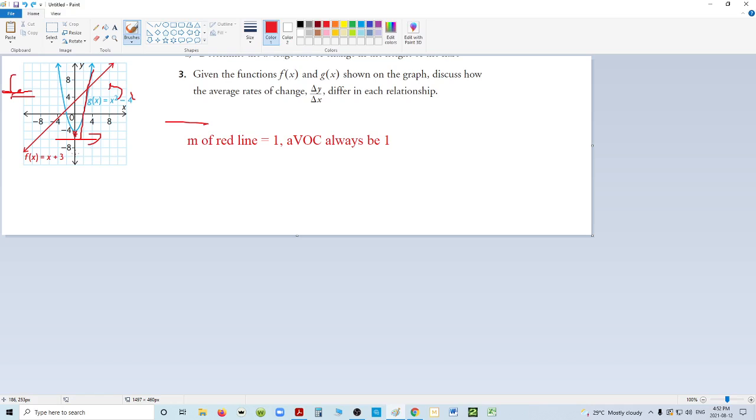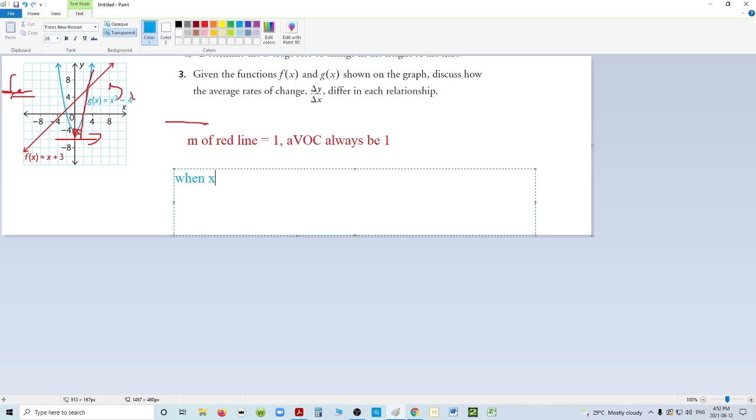So which means that this is point 0. When x is 0, this is how you would write it for the blue line. When x is smaller than 0, the rate of change for the blue line is negative, decreasing.